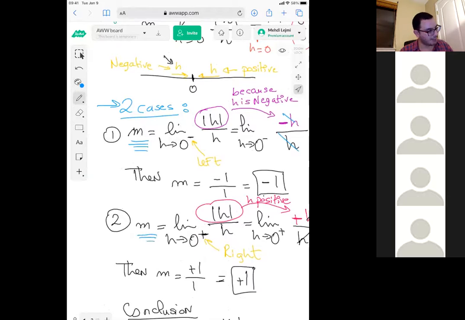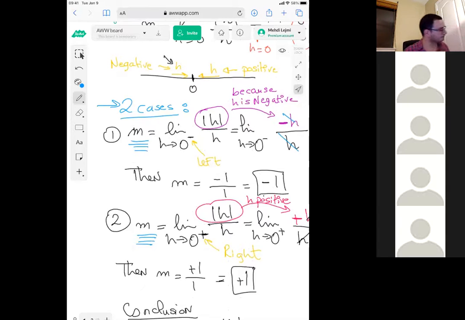There is an m when h goes to 0 minus, and there's another m when h goes to 0 plus, right? That's why we got two different values depending on whether we approach 0 from the left or the right. And of course, in this case, m does not exist because the limit from the left is different from the limit from the right. So f is not differentiable. But anyway, in general, all you have to do when you want to check differentiability is to compute this number m and check if it exists. As you can see in this example, it does not exist, right?